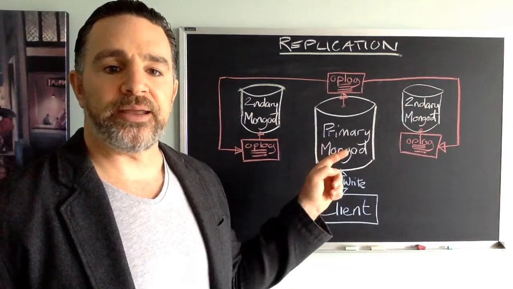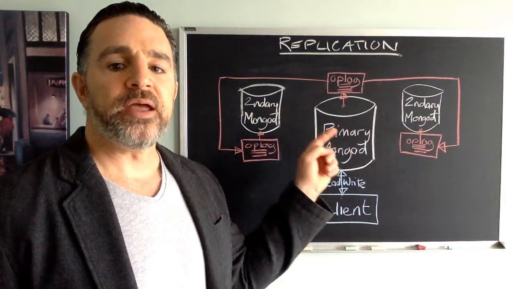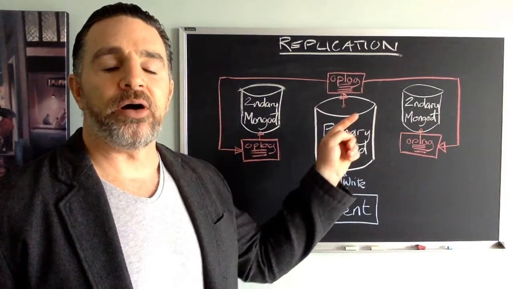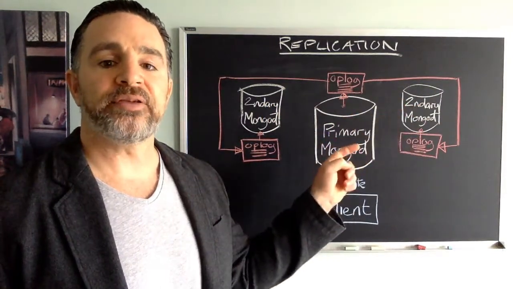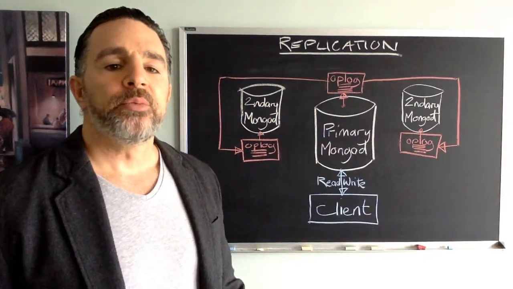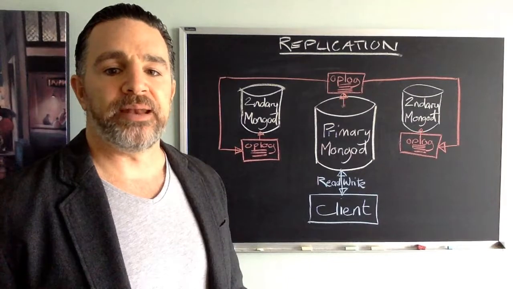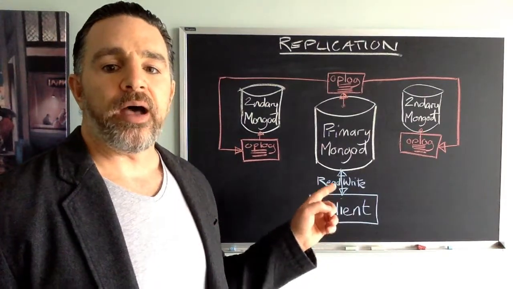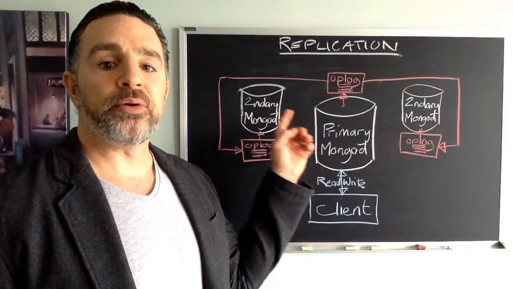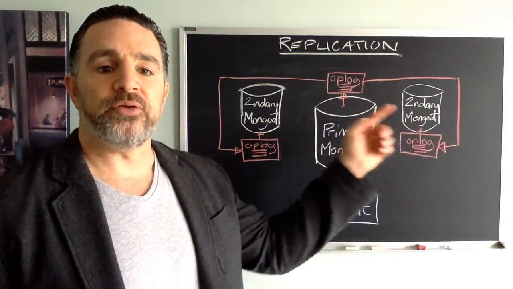Now we'll mention sharding in a little while, but sharding is very different. This is just creating exact replicas of your primaries, like complete 100% redundancy. So we talked about maximizing accessibility. What will happen is if your primary server goes down, the primary will switch to one of your secondary servers.